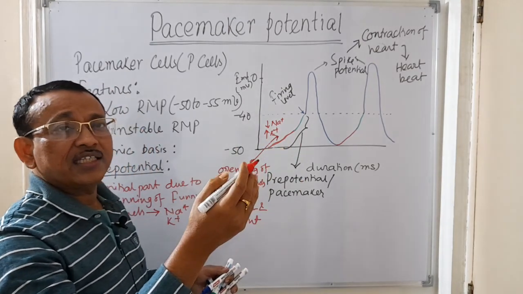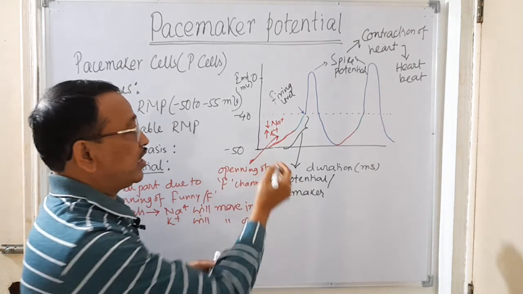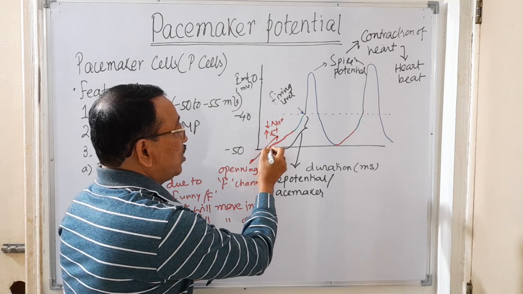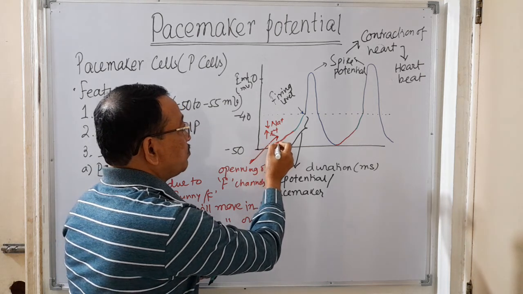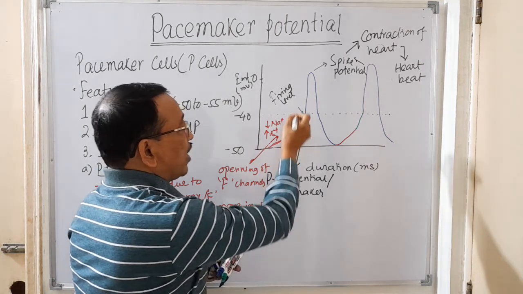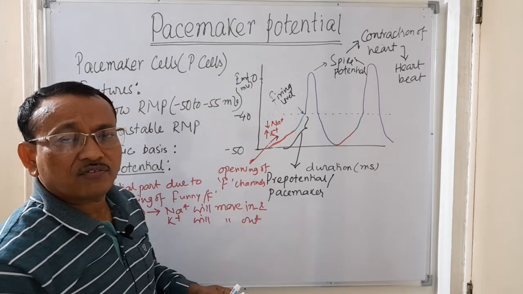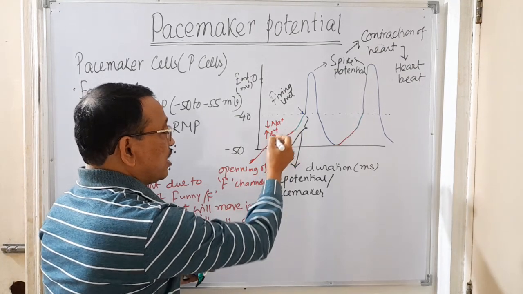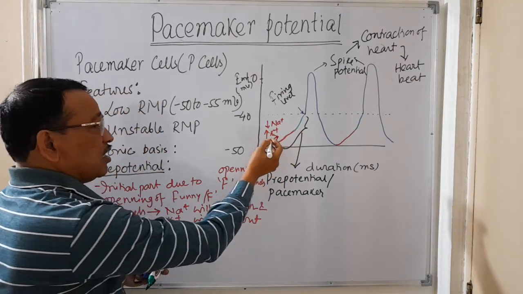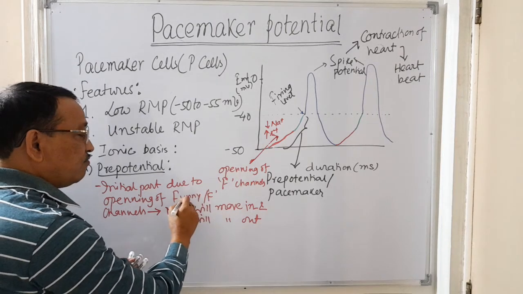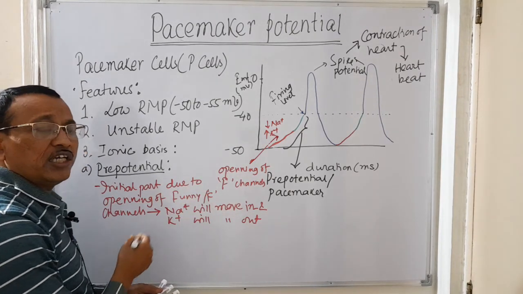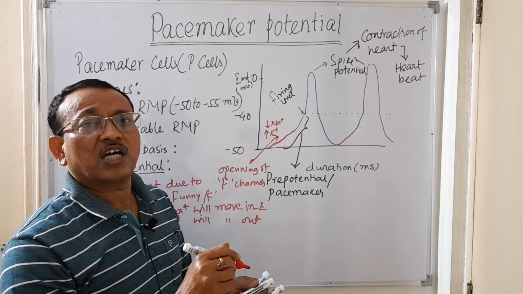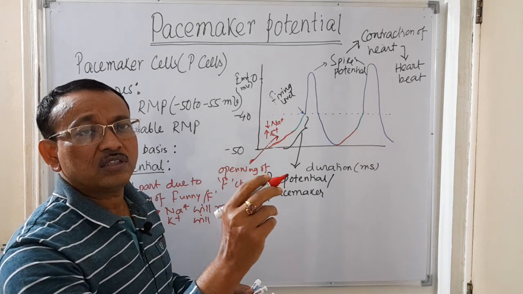So net, there is a fall of the inside electronegativity, and it will gradually reduce from -50 to around -45 millivolt. So this initial part is because of the opening of F channels, through which sodium ions move in and potassium ions move out.